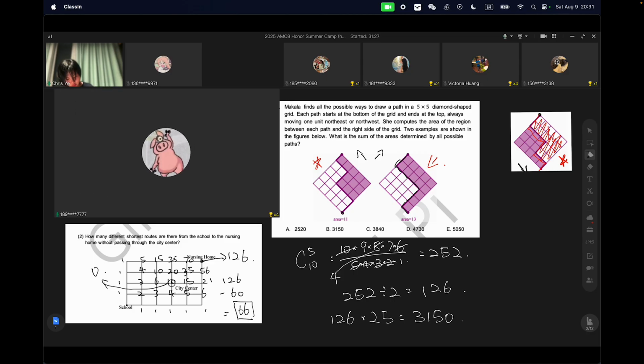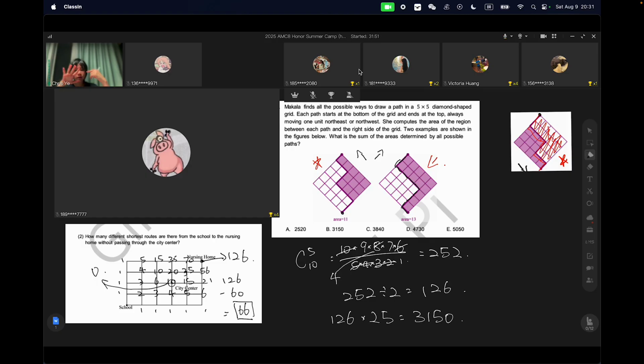The question? So I still don't really get what the C(10,5) is about. Ooh, which one? Like the start of the question, the combination bit. Oh, so basically, as you can see, for each of those routes, there are 10 steps in total.